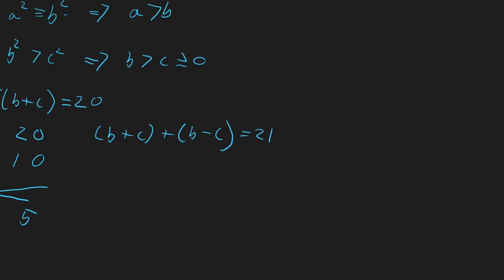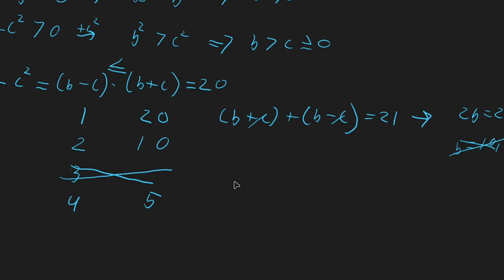And if I look at this, I will see that C cancels out with C, so that this gives us 2B equals 21. So B equals 10.5, which is not an integer. So this is not a solution either. We cannot use this. Let's try with the next one.